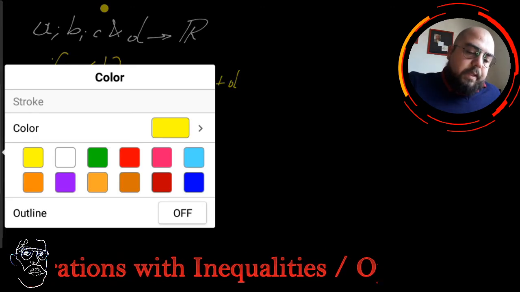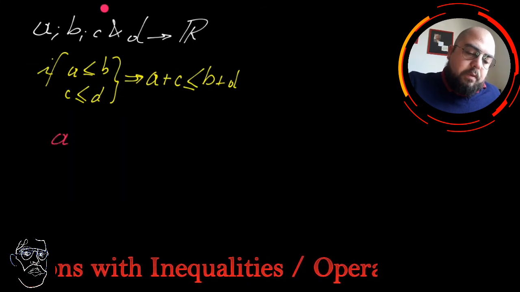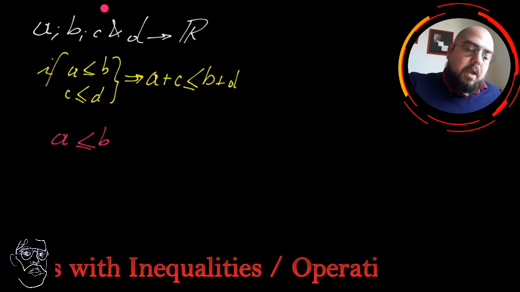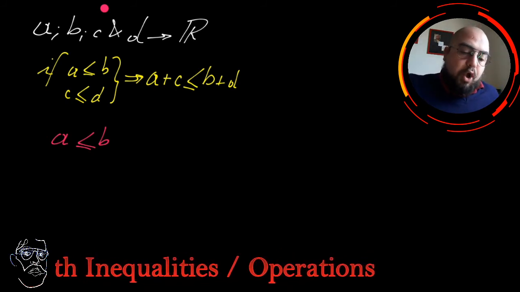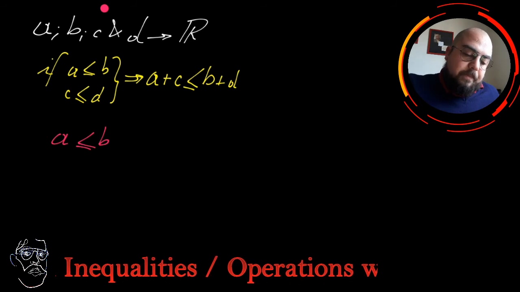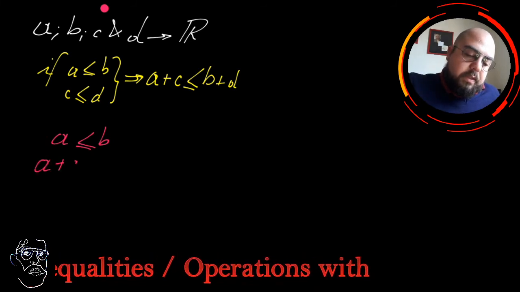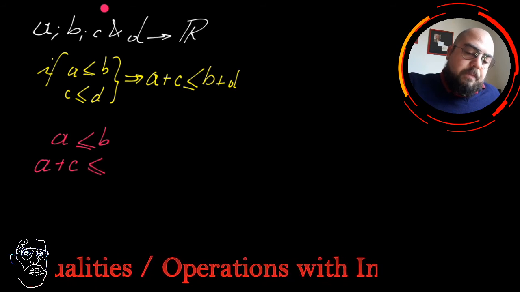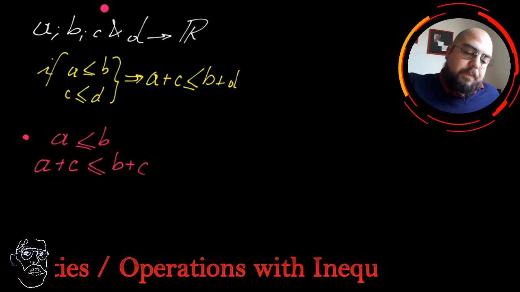How can we prove that? Very simple. We have A smaller than B. I can use the properties related to addition and subtraction, so why not add C? I will have A plus C still smaller than B plus C. So this is the first part.